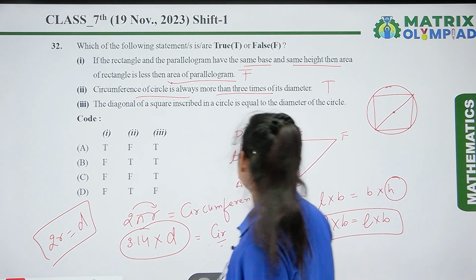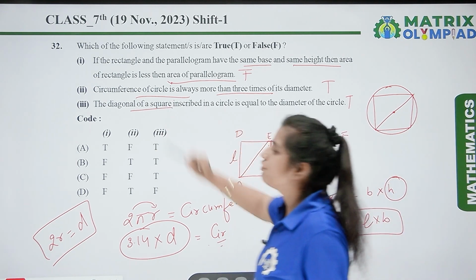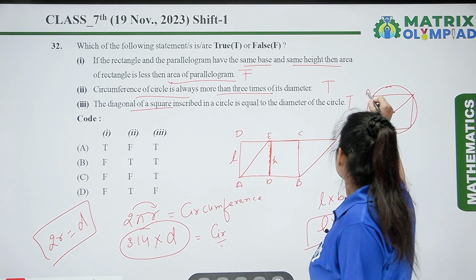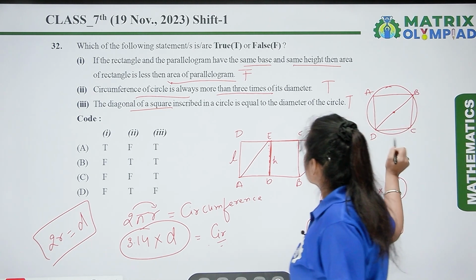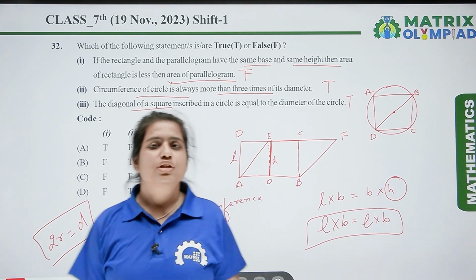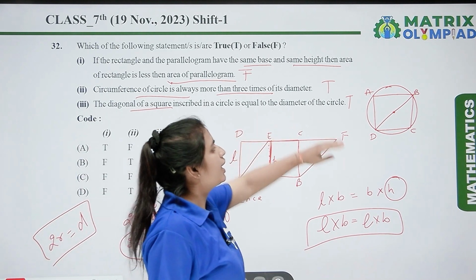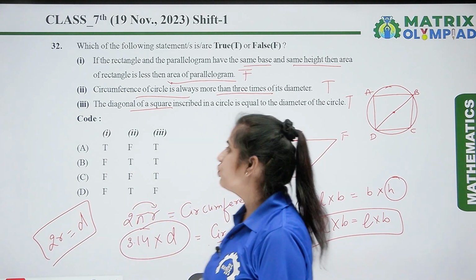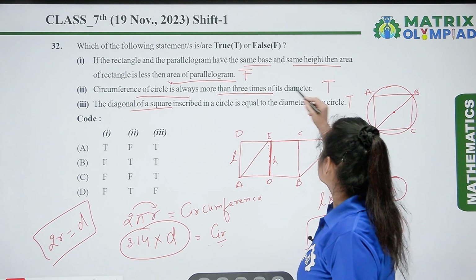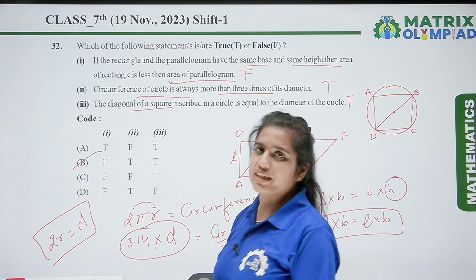So here this statement is true as the diagonal of a square. Here this is a square and the diagonal of a square inscribed in a circle is equal to the diameter of the circle. So this statement is also true. So here the sequence is false, true, true. According to question, option B is the correct answer.